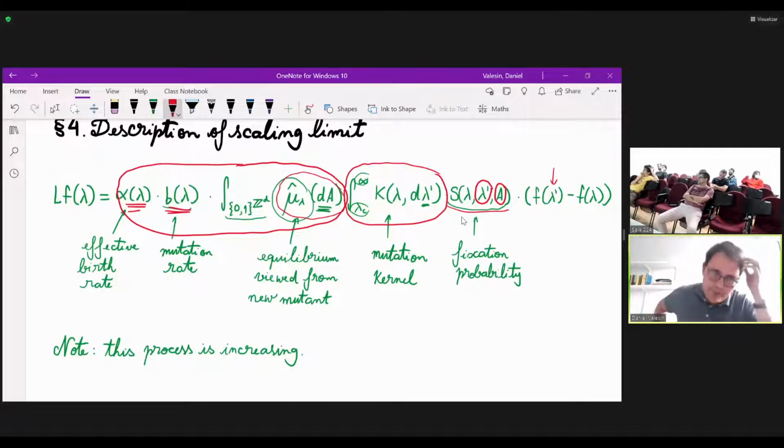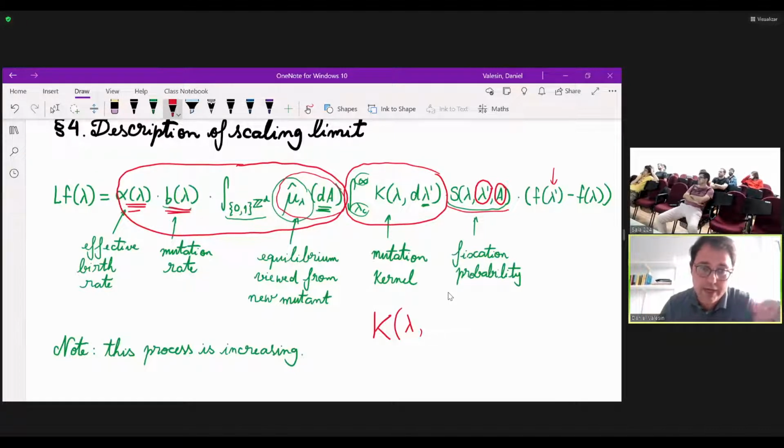One last observation. When we defined the process in the beginning, we didn't say that K was increasing, so in principle it's possible to go from lambda to smaller values of lambda.